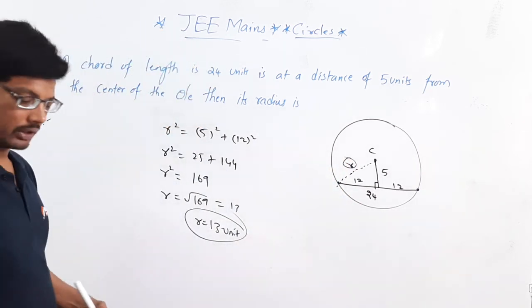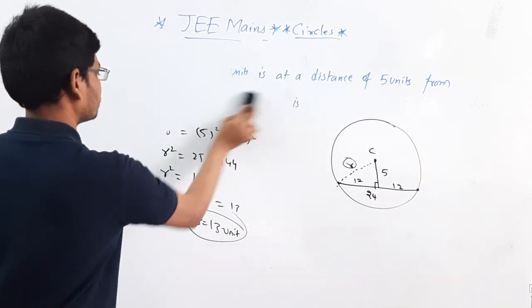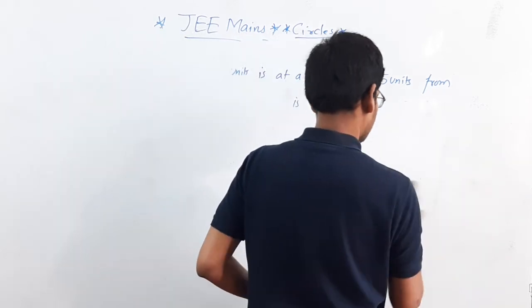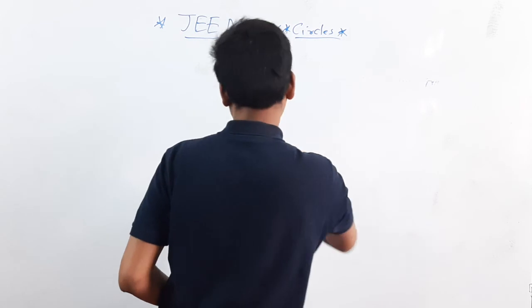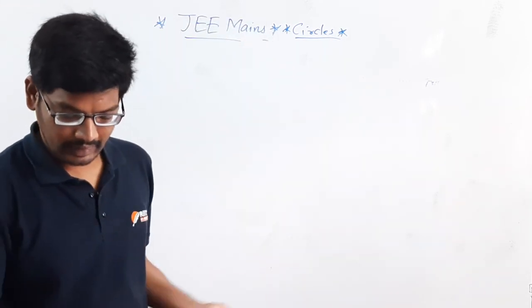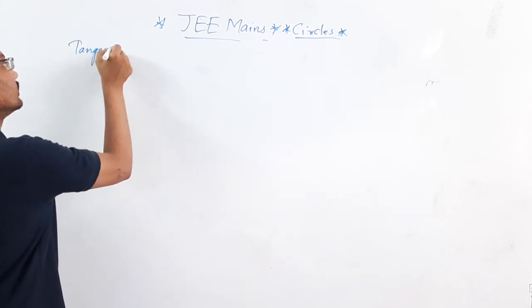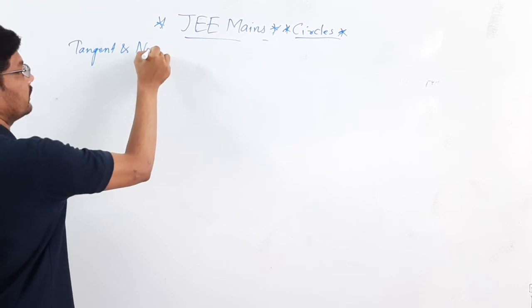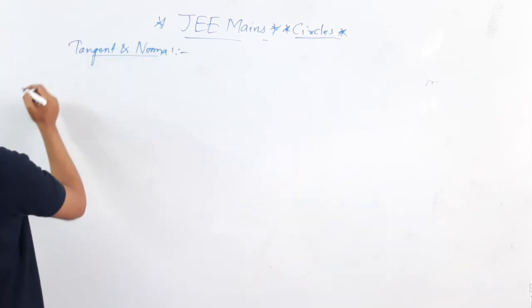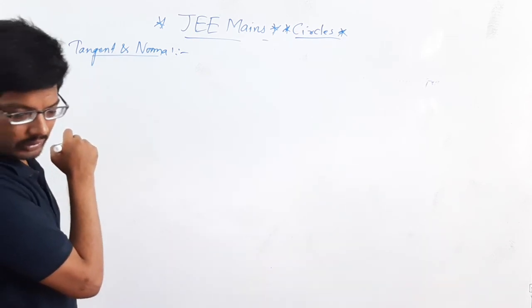And the next question is from the topic tangent and normal. Topic name is tangent and normal here, and in this the question number is 23.